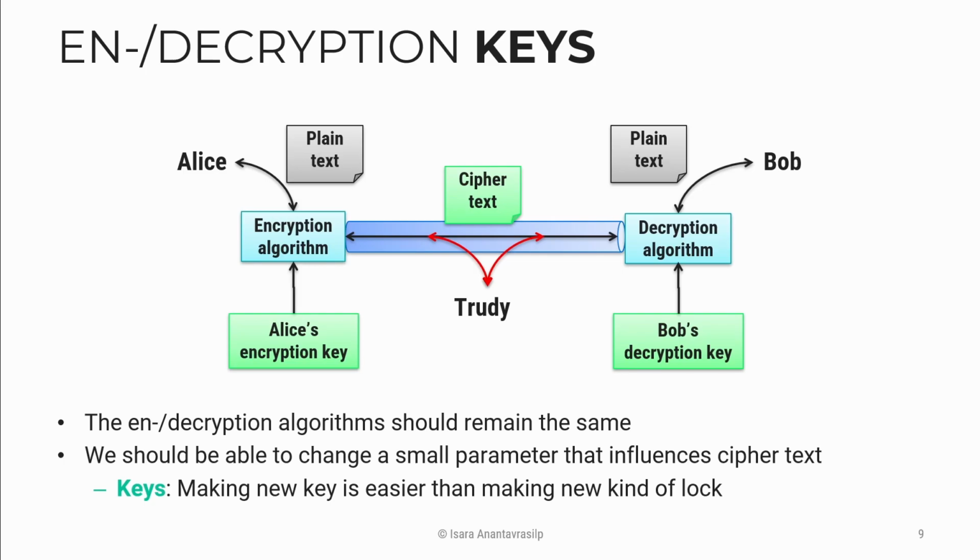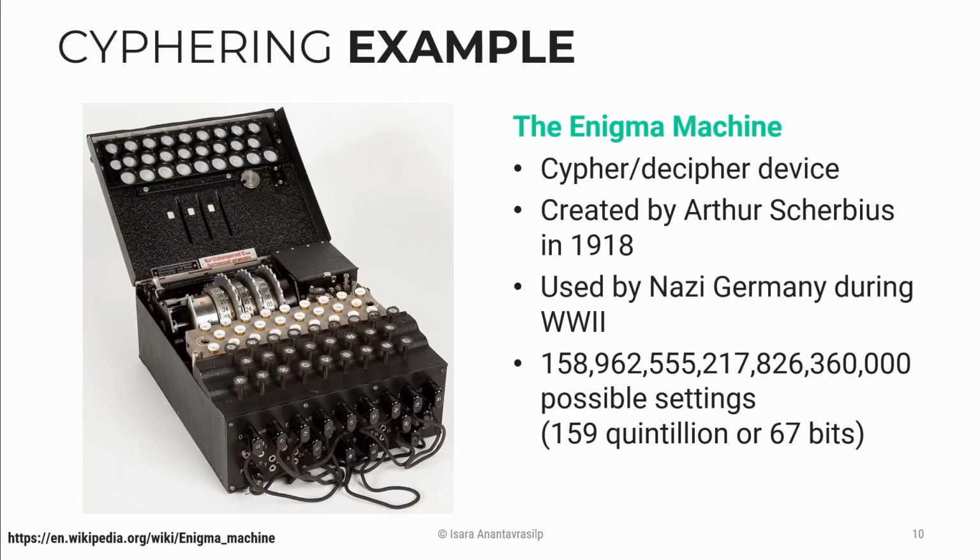Let's have a look at some example. This is an example of a ciphering and deciphering device called the Enigma machine. This machine allows the operator to change a little bit of the configuration, and by altering the configuration, the encrypted text, or ciphertext, will never be the same.